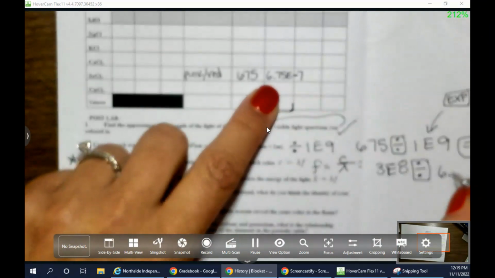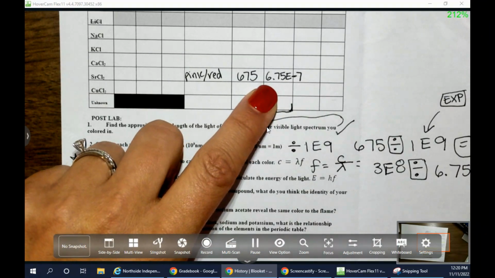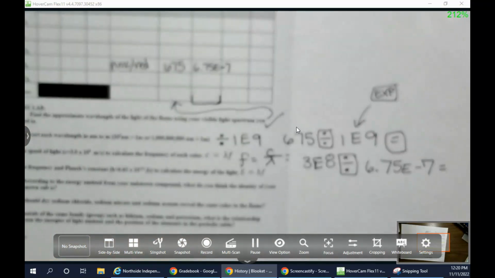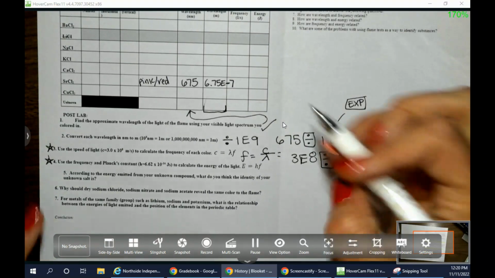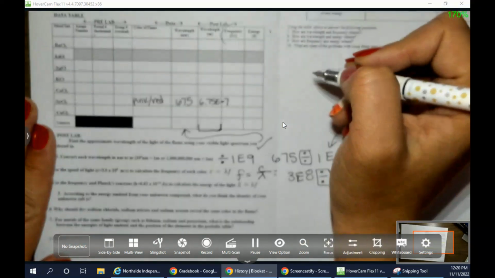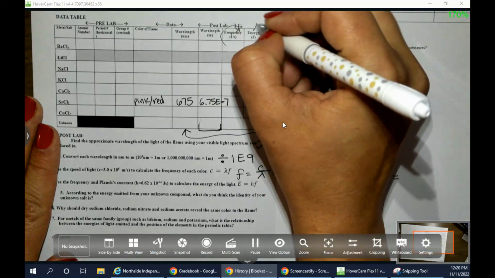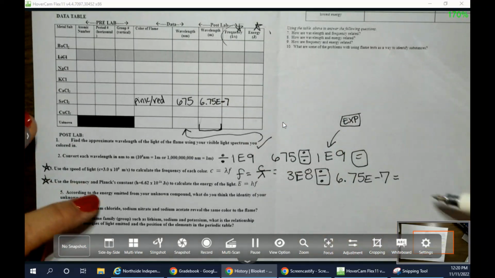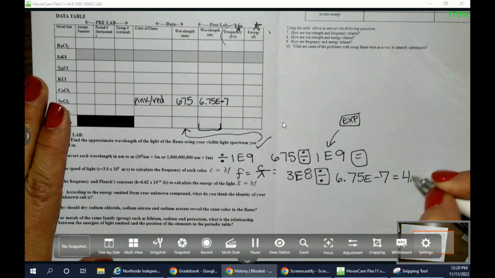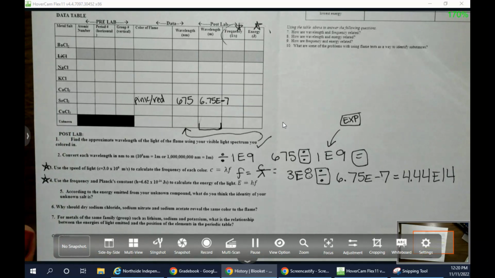So mine is going to be 6.75 E negative 7. Like I said, these two columns right here are optional. Your bonus. When I type that in, I end up getting, I believe, 4.44 E14.